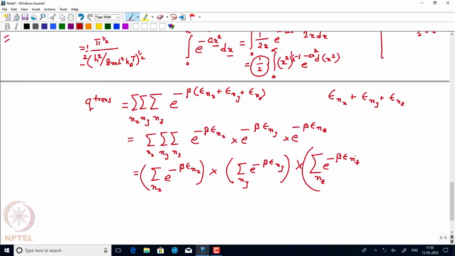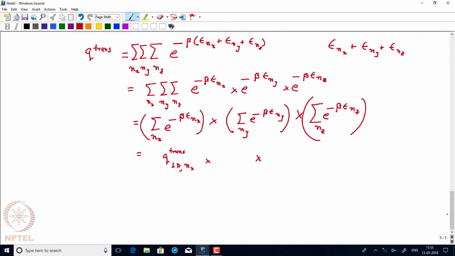So now you see that these are basically translational partition functions for 1D, but for nx, for ny and for nz. Since the energies are additive, and the partition function goes as the exponential of the energy, we will always get the multiplication of the partition functions.